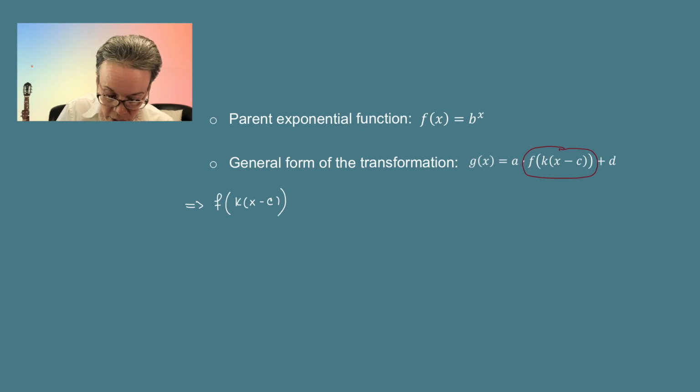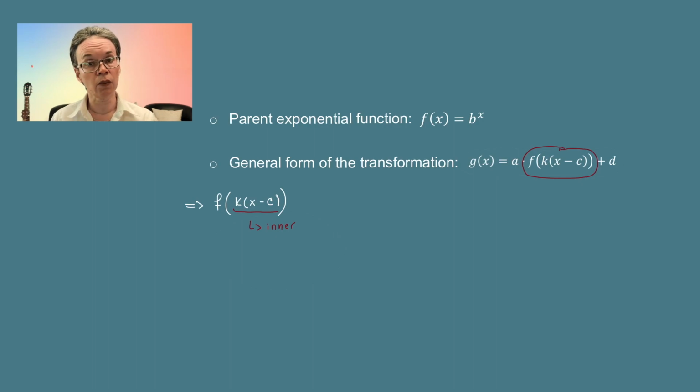And I want you to notice that what we have in this case is a composition. You can think of it as a composition where the inner expression, the expression k, x minus c, can be the inner function, right? In a composition, particularly in this case, we're only dealing with two functions. So the inner function is the expression k times x minus c.